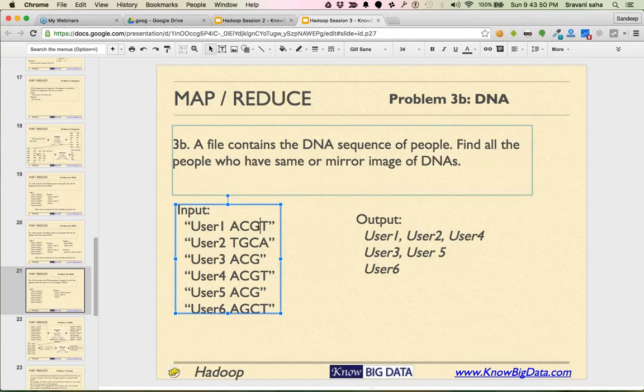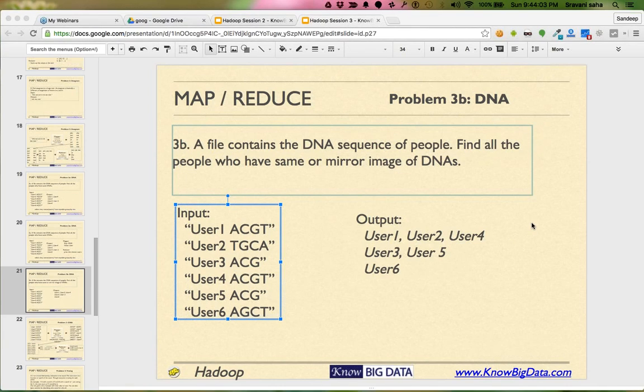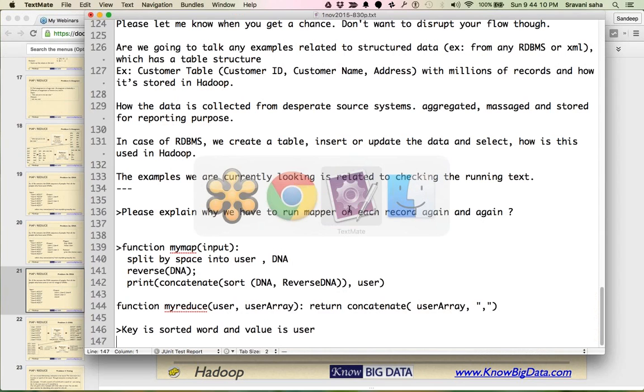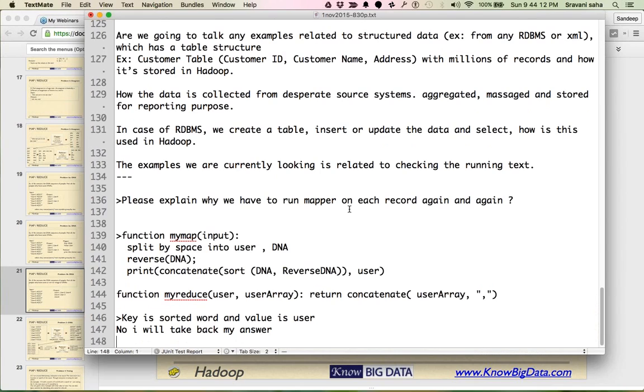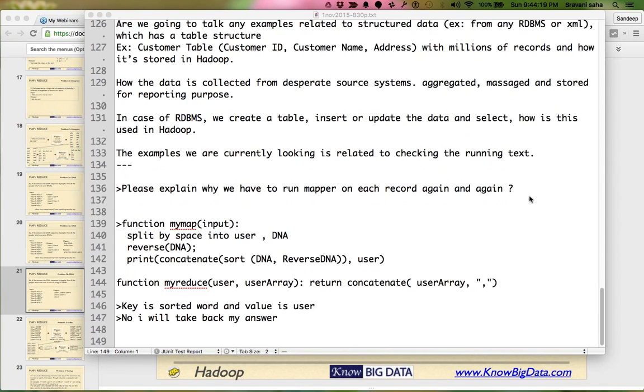But these are not identical, nor are they mirror images of each other. So this logic will not fit our requirement. Make sense to you, Sushant? Oh, you have already taken back the answer. All right, sorry for the dissection. I should have seen your next response.